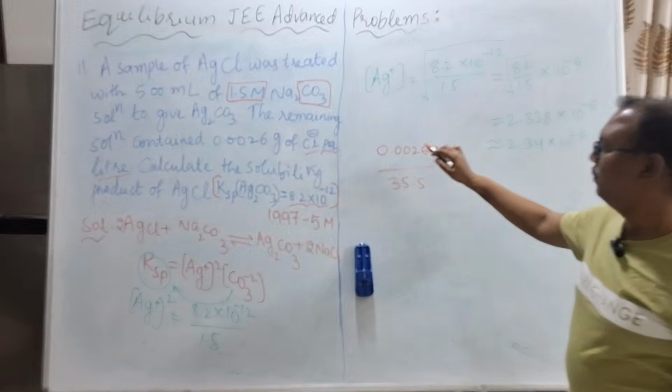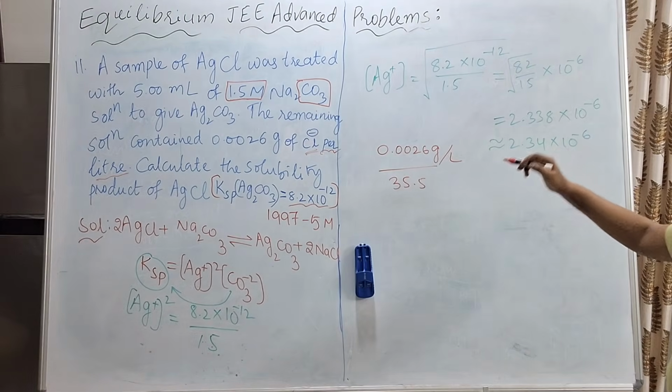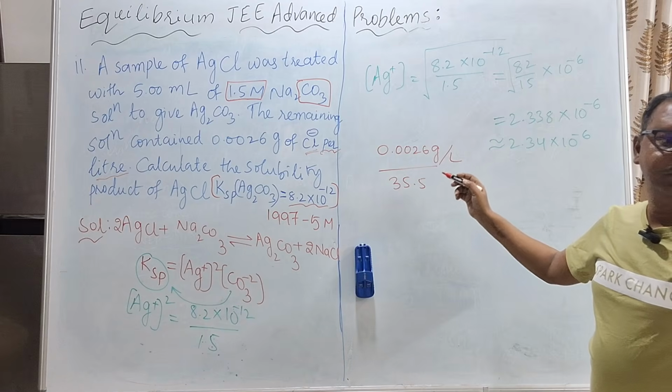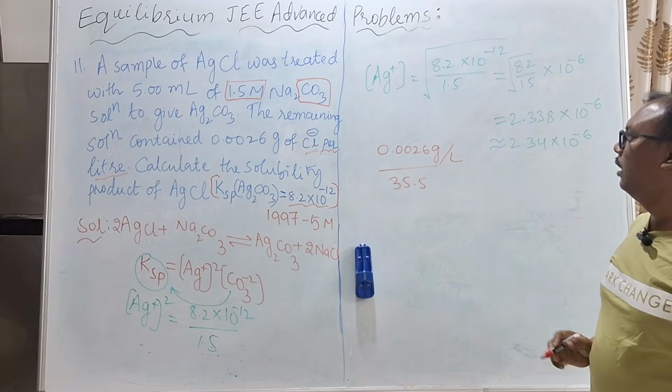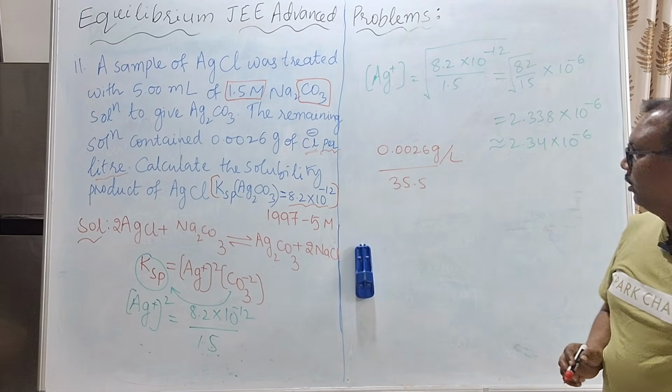Therefore, 0.0026 grams per liter by molar mass. If you divide, then you will get the value of concentration.